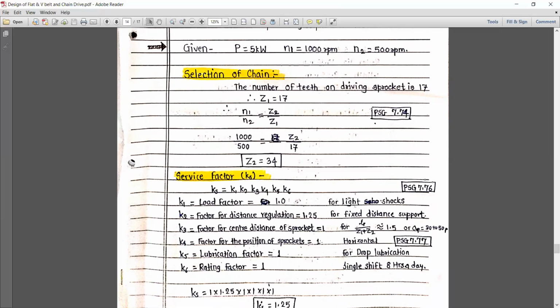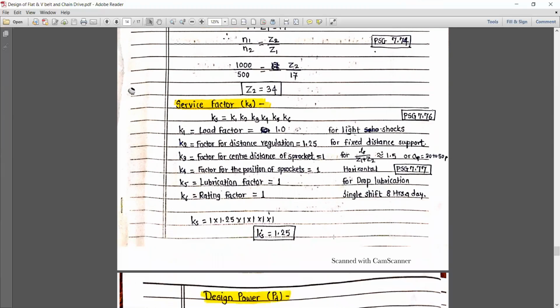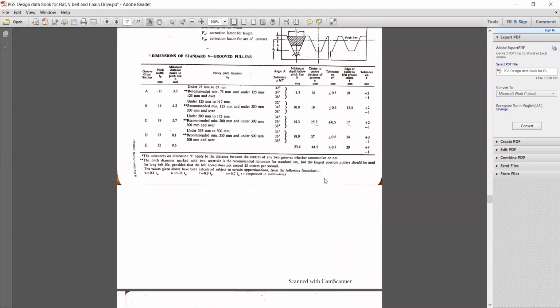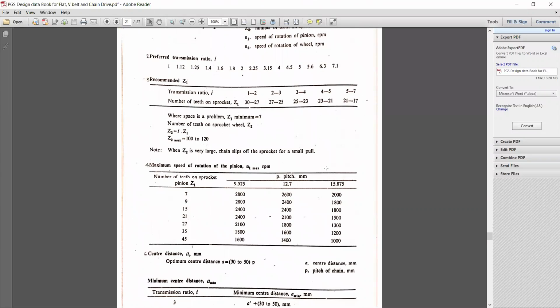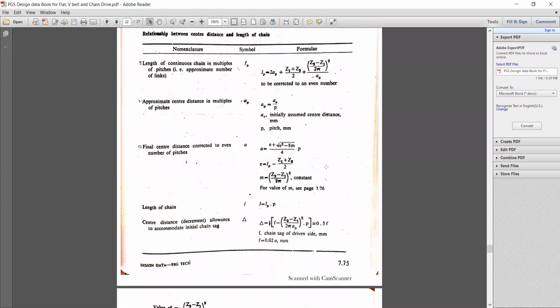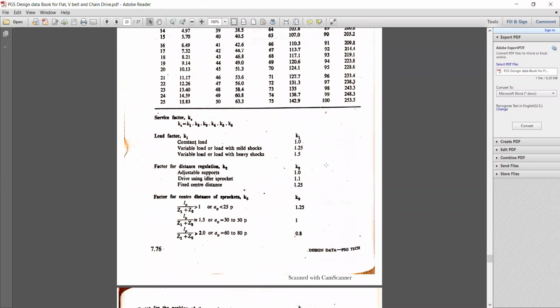Now, next one, calculating the service factor, referring page number 7.76. The equation for service factor is given: Ks is equal to K1 into K2 into K3 into K4 into K5 into K6.